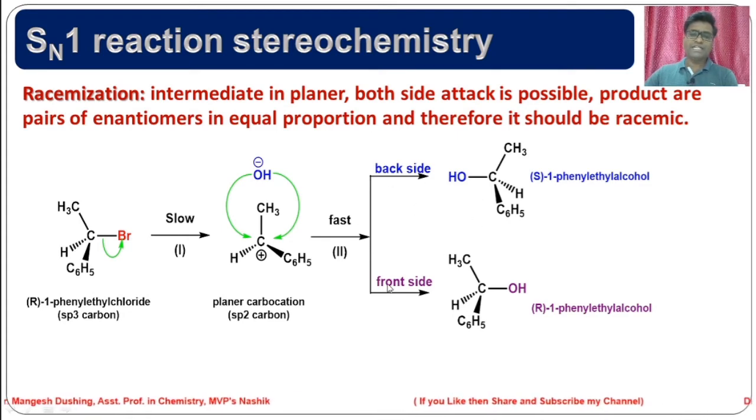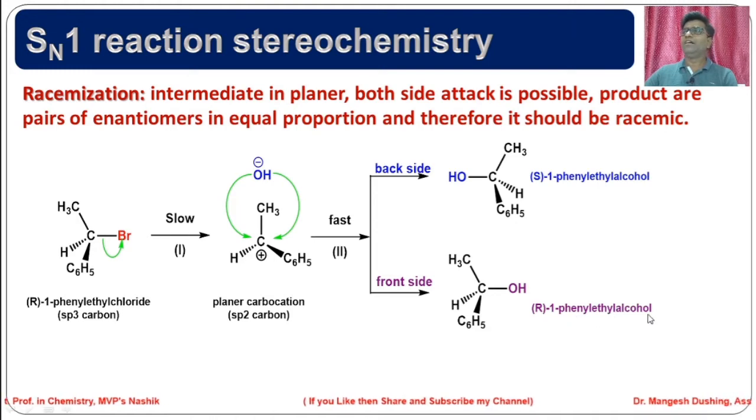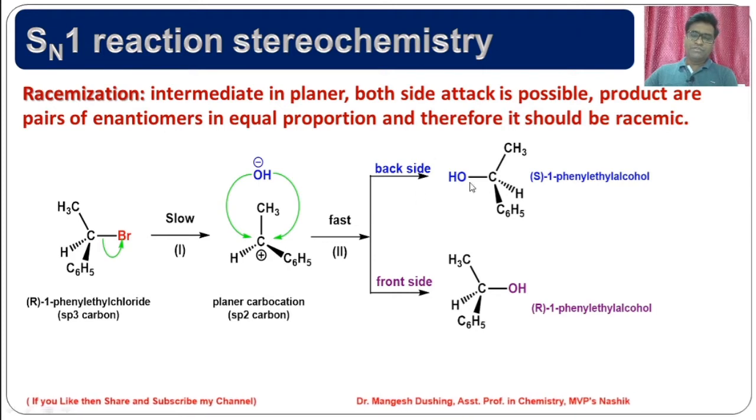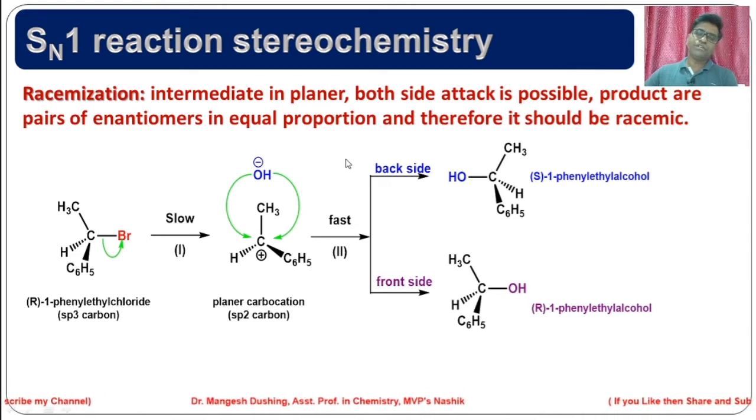But if front side attack is there, then we will get R-1-phenyl ethyl alcohol. In this case, R remains R. This process is called retention of configuration. So 50% chance will be front side attack, so we will get retention of configuration, and 50% chance for backside attack, we will get inversion of configuration.